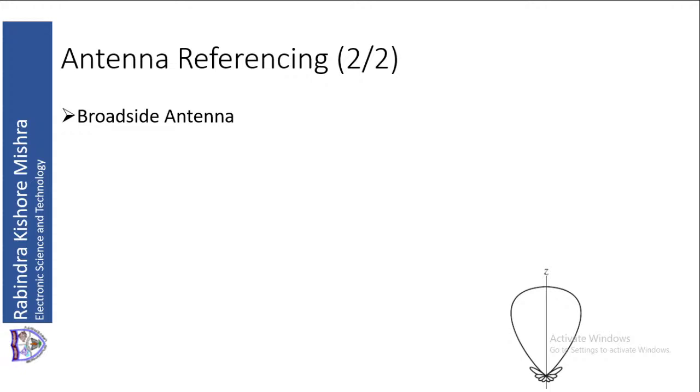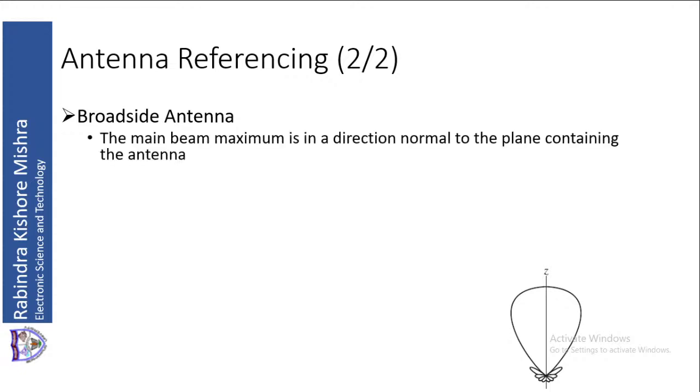So if you have an antenna which radiates in this manner, that is called a broadside antenna. The antenna is along the x-axis or y-axis or on a line in the xy plane, and it is radiating in the z direction, its main beam around the z-axis.